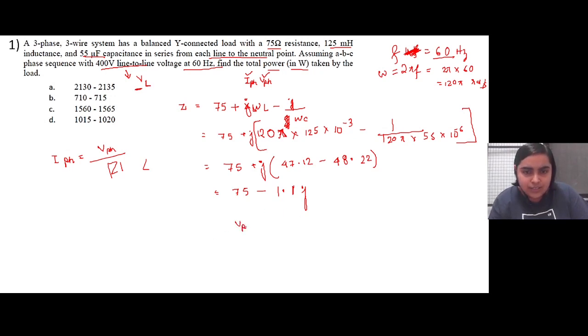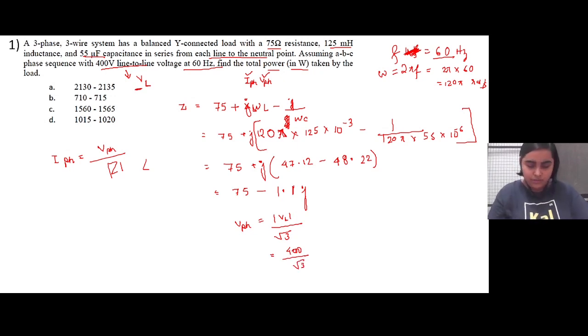The phase voltage in case of a star connected network will be how much times the line voltage? The line voltage is root 3 times the phase voltage. So we can calculate this, 400 by root 3.